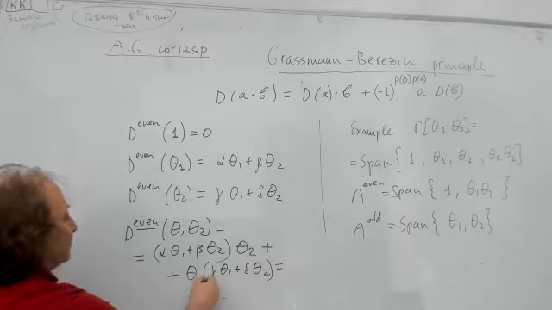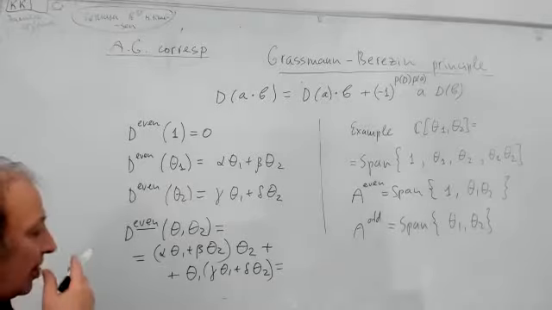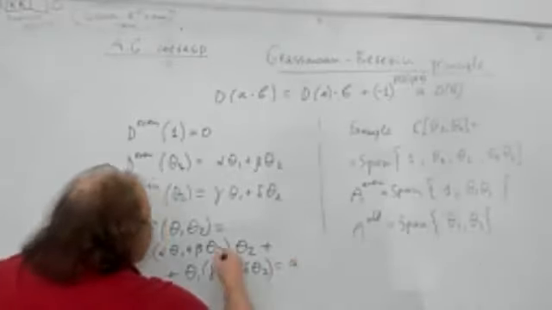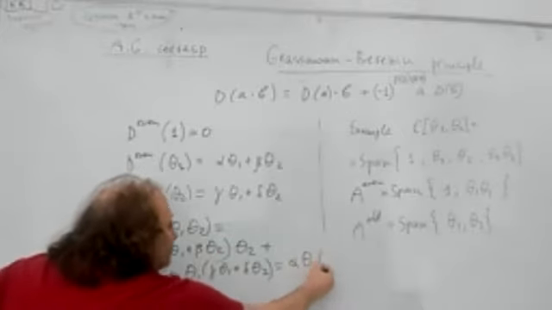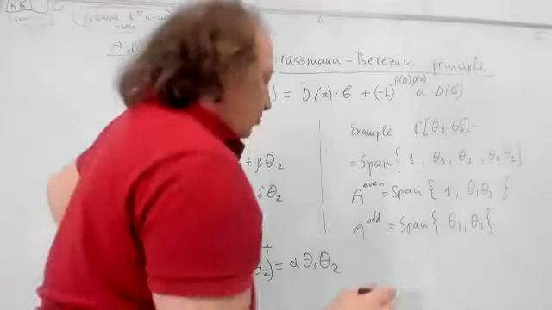So what is it? Alpha plus delta times theta 1 theta 2. Yes, so it's that, and here we have 0, and what do we have here?